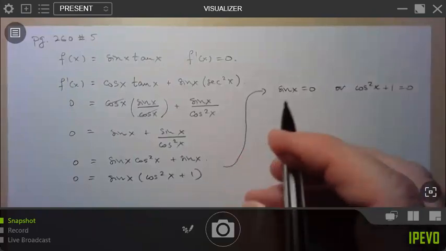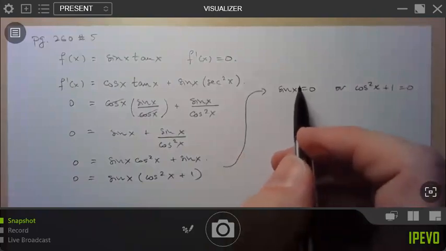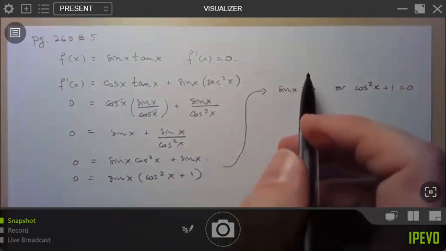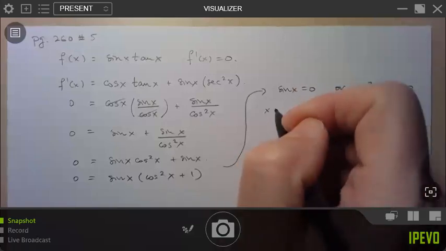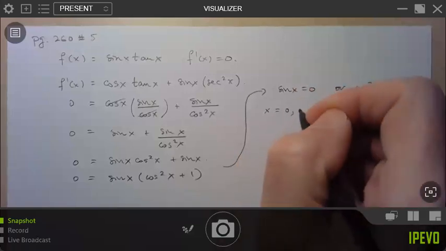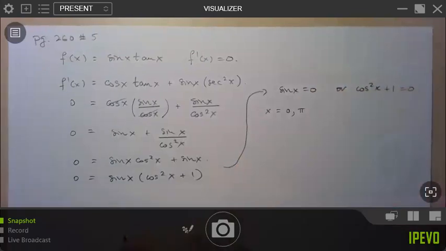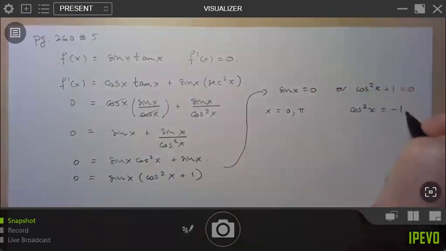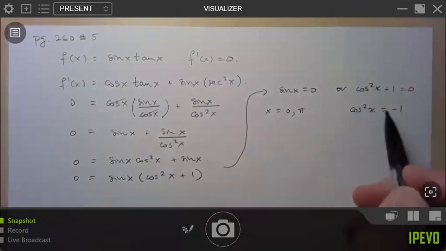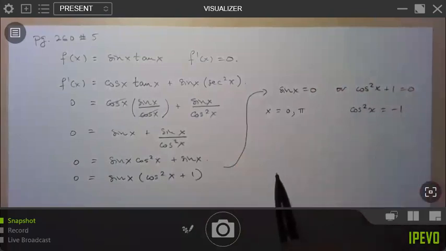So when is sine x equal to 0? And I think I'm only looking at 0 to 2 pi. So sine x is equal to 0 at 0 and at pi. Okay, so there are two answers there. And I can already see something interesting: when I try to solve the other factor, I end up with a square being equal to a negative number.